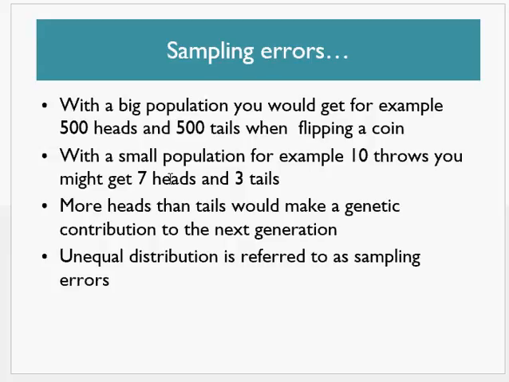In a large population, there are enough individuals, each passing on their genes, that the rare alleles have a good chance of being passed on. But if you have a small population, the rare alleles have a much smaller chance of being passed on. So this unequal distribution is referred to as sampling errors.